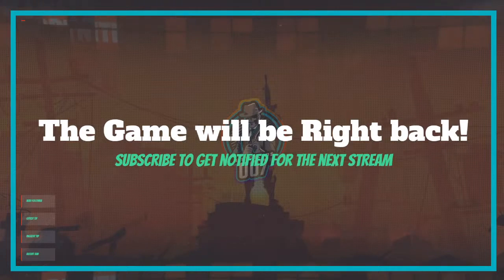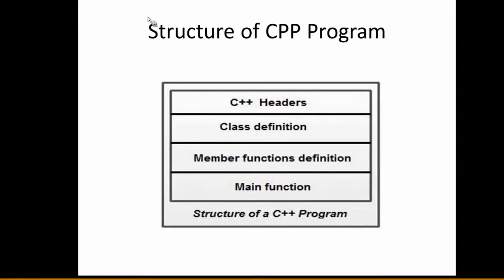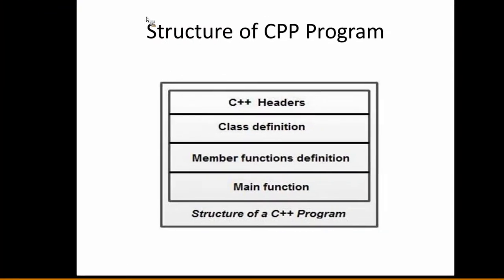In a language, you should try to understand that every programming language will have a structure. What a program is, all of you know. It is a set of instructions which are required to solve a particular thing. I am going with a simple structure of a C++ program.